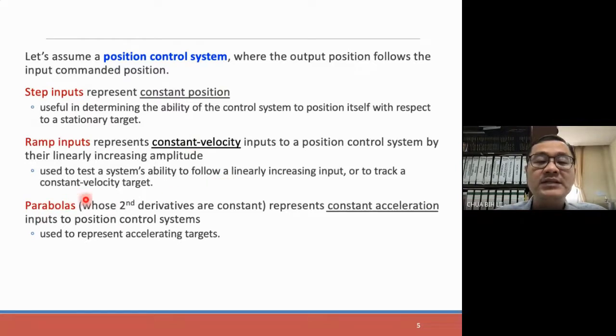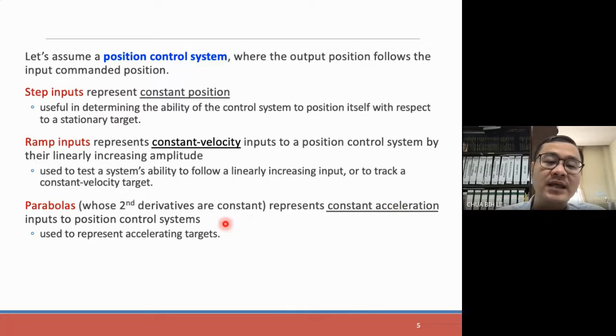Then the next one would be the parabola, which refers to constant acceleration. If we set a constant acceleration, say every 1 second the acceleration of the rotation increases by 1 degree per microsecond, then after 1 second it will increase to 2 degrees per microsecond, and so on.